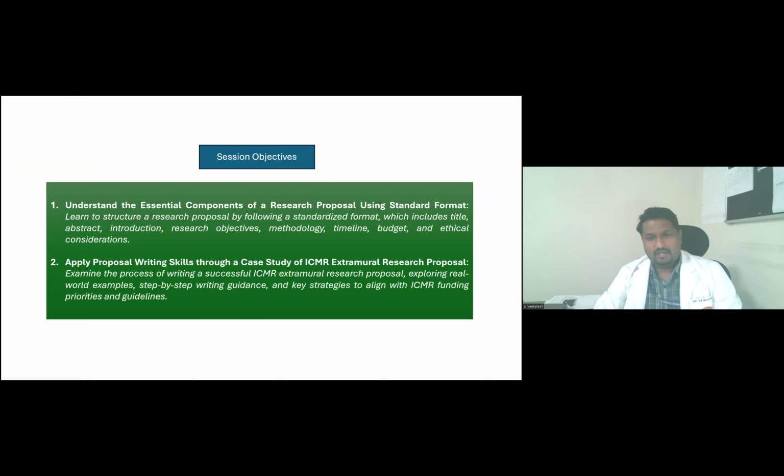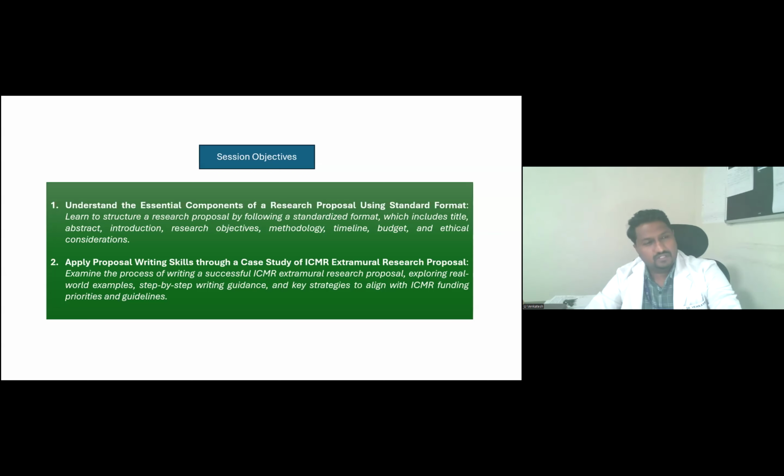I picked two important objectives for this session: to understand the essential components of a research proposal using a standard format, and secondly, to apply proposal writing skills through a case study of an ICMR extramural research proposal, where I will tell you, based upon my experience, that within the last 3 years I was able to get 6 extramural grants.